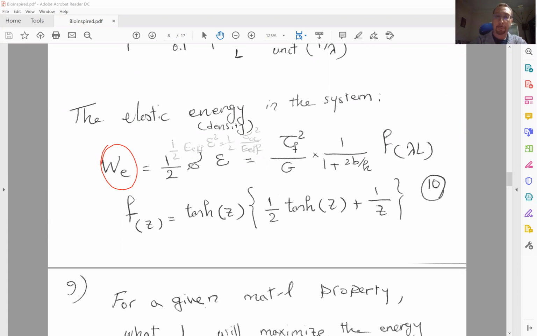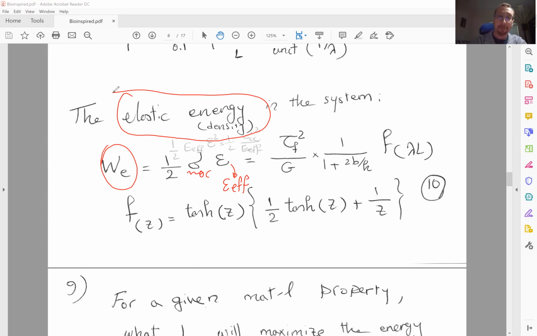Instead of sigma, I can put sigma 0c. Epsilon is the epsilon effective. And so half of the product of a stress times the strain in the elastic limit is the elastic energy per unit volume, or elastic energy density.